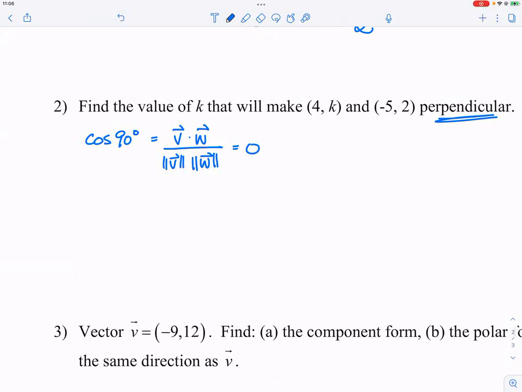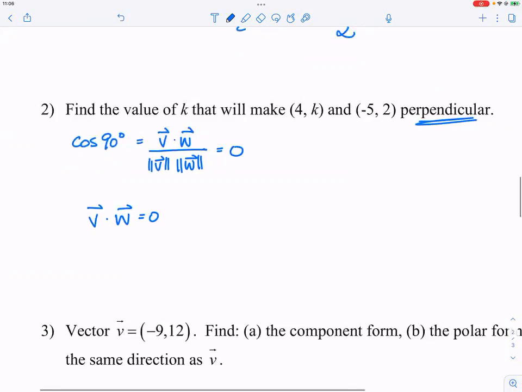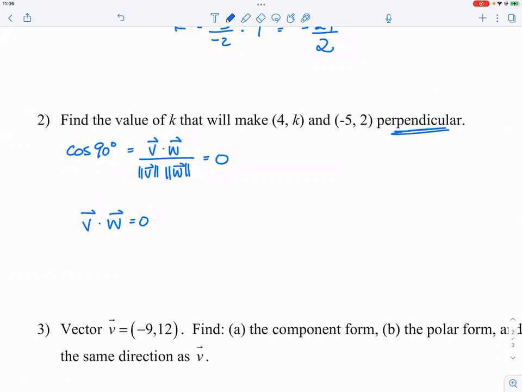And we say if a fraction is equal to 0, that means the numerator must be 0. So we will now go ahead and find out what the dot product is, because the dot product must equal 0.